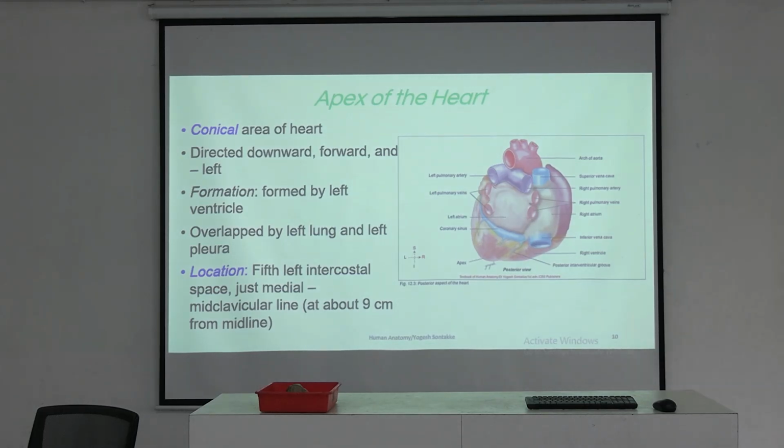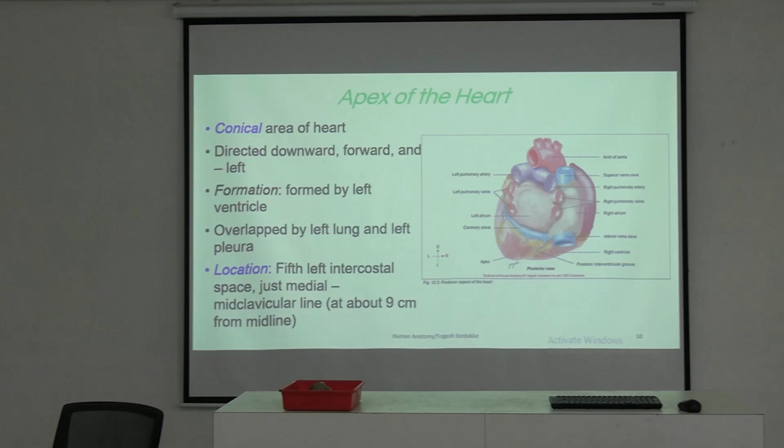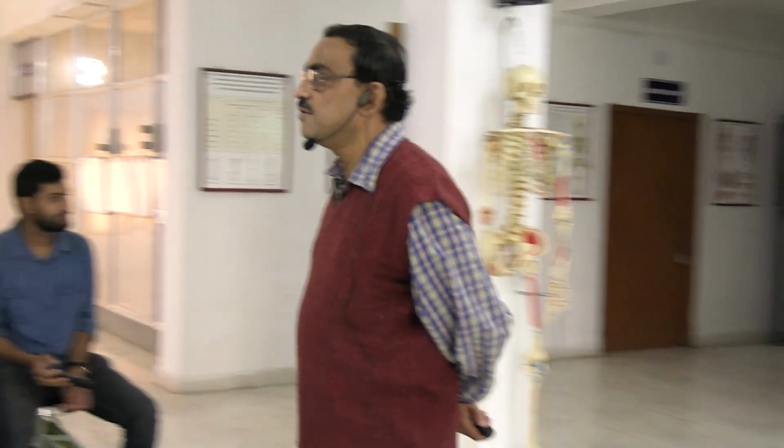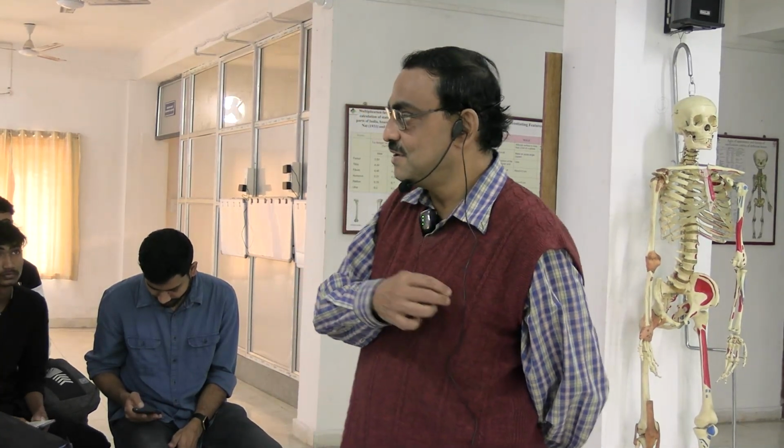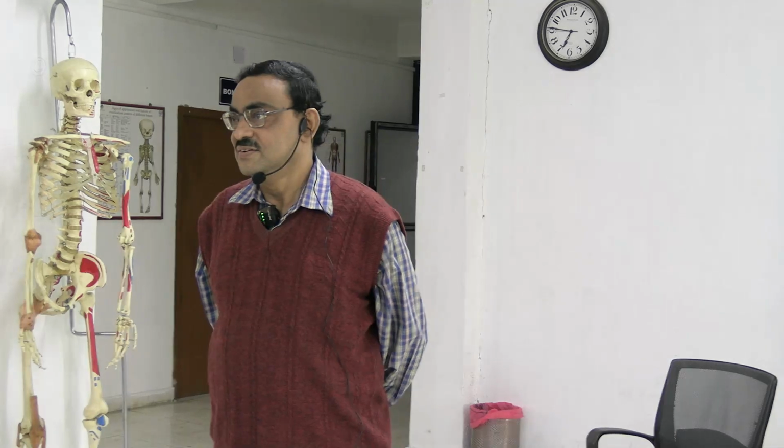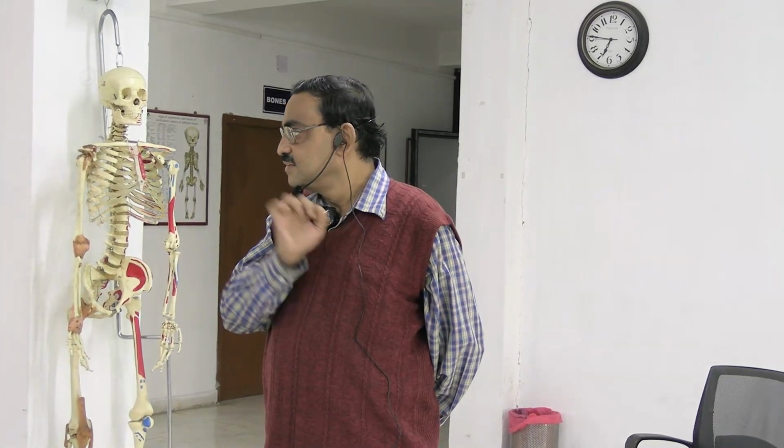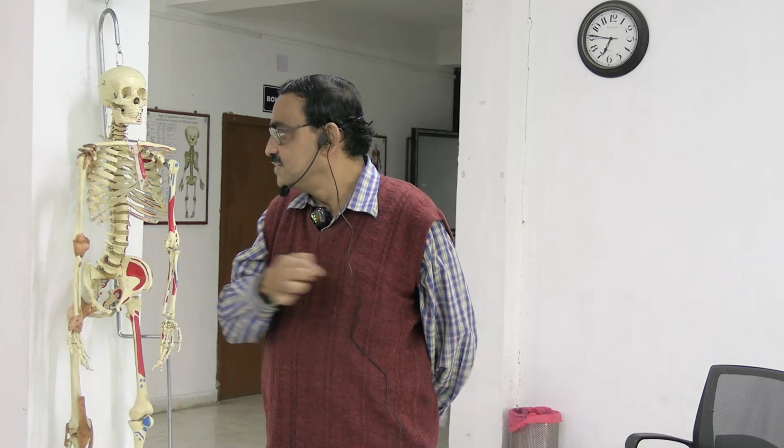And it is just medial to the mid-clavicular line, or 9 centimeters away from the midline, in the 5th intercostal space. And it is a very important point regarding the surface anatomy. You have to put a point here in surface anatomy.